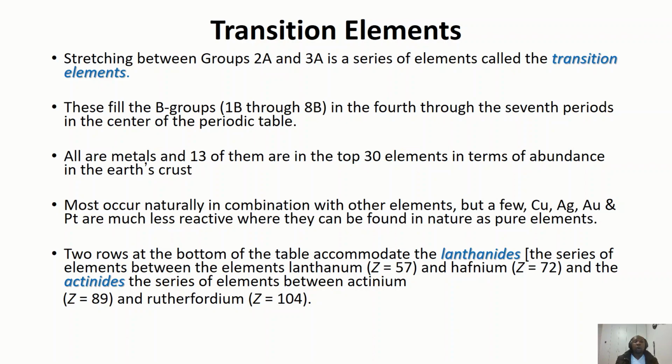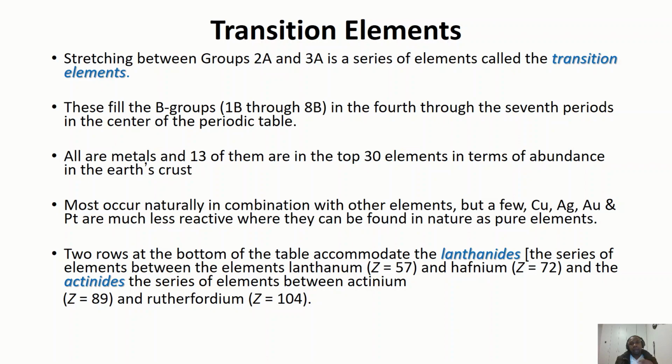So most occur naturally in combination with other elements, but we have a few such as copper, silver, gold, and platinum. They are much less reactive, so they can be found in nature as pure elements.